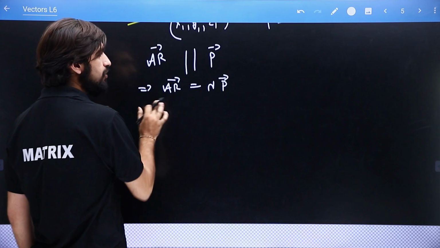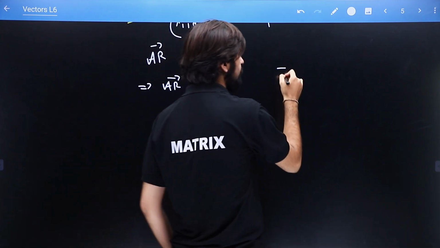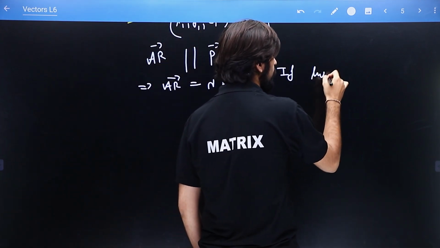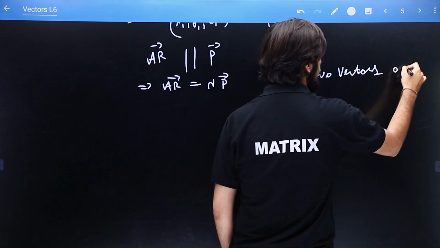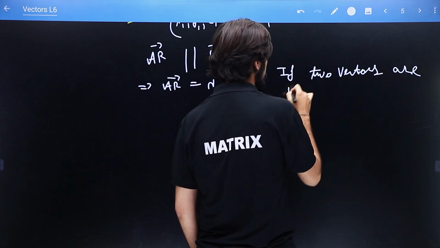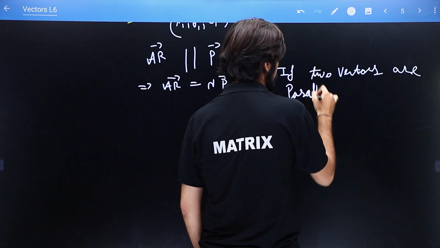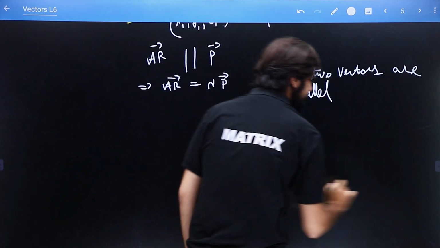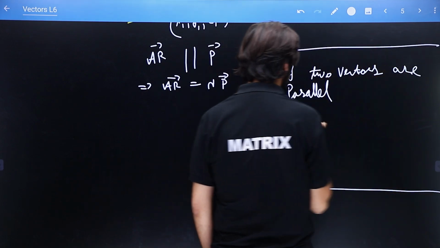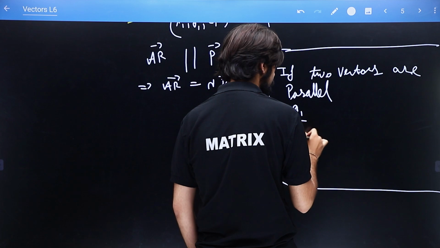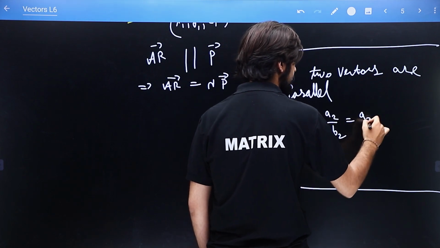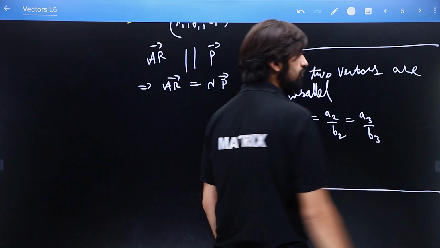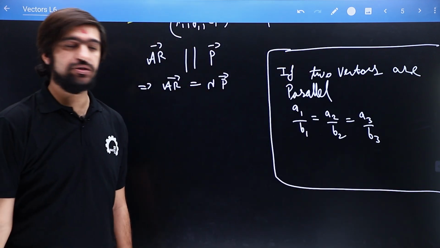But as we know, if two vectors are parallel, this we have already done, then A1 upon B1 should be equal to A2 upon B2, which should be equal to A3 upon B3. Means the ratio of their corresponding components should be constant.